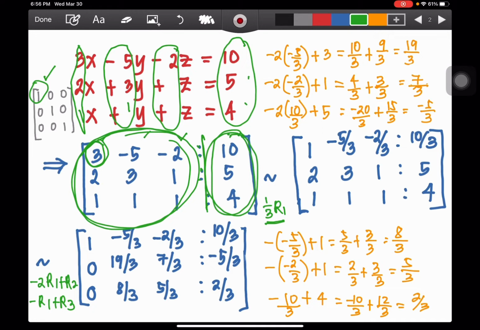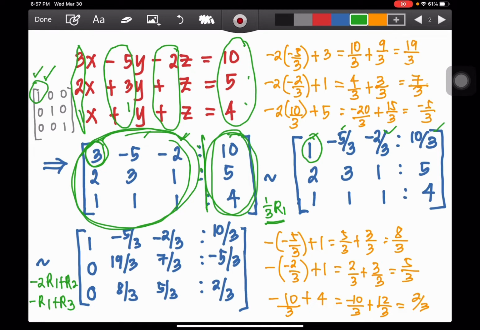So 1/3 of 3 is 1, 1/3 of negative 5 is negative 5/3, 1/3 of negative 2 is negative 2/3, and 1/3 of 10 is 10 over 3. Now you see that the first row, first column is now equal to 1.